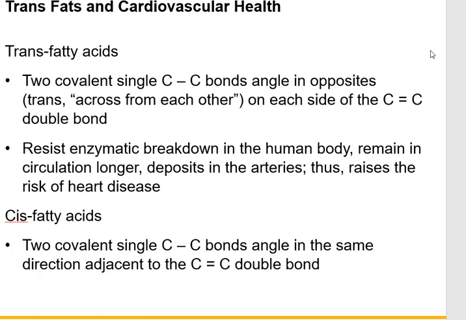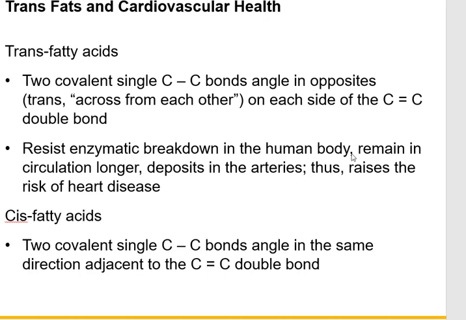So it was in the last few decades that we started looking at trans fatty acids. In the trans, then you're going to have the hydrogens across from each other, as opposed to having them both on the same side like we saw in the other picture. So if you have it trans or across from each other, it is very hard for you to break this down. So it stays in your body.